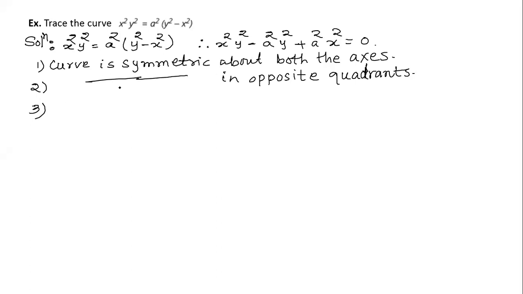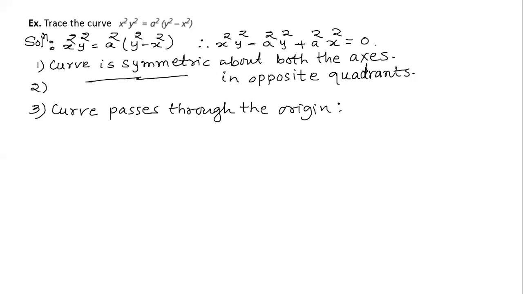Now property number 5 is, if there is no constant term, the curve passes through the origin. We see that in every term there is either x or y, so no constant term, the curve passes through the origin.